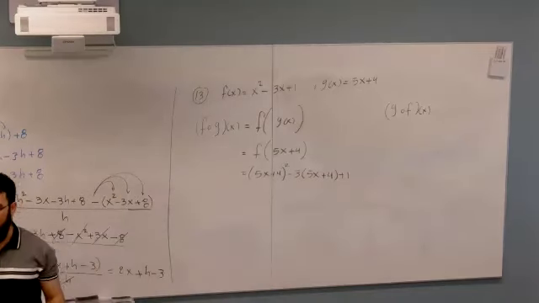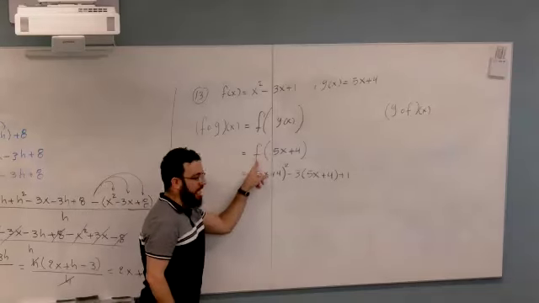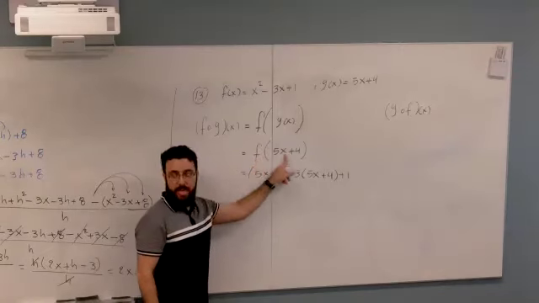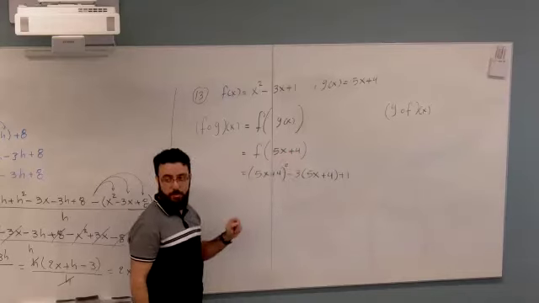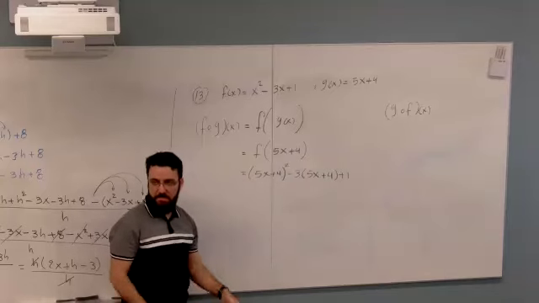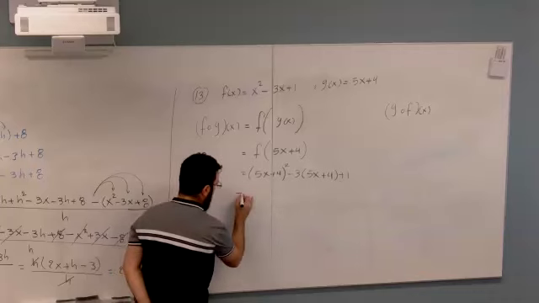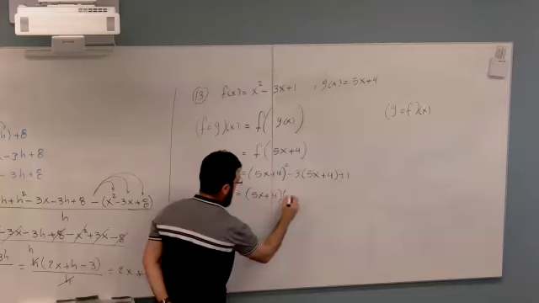Is that okay? In each x in the F function, I'm going to plug in G, and G is 5x plus 4. There's the result. Then you have to simplify it. How are we going to simplify it? FOIL here.